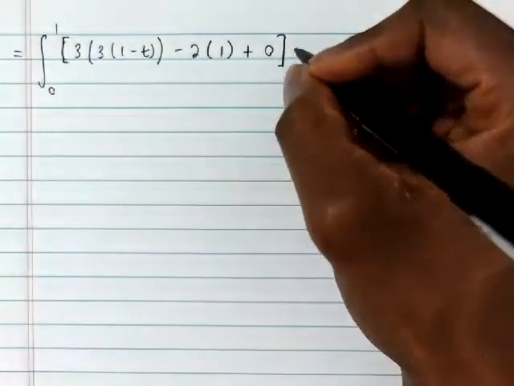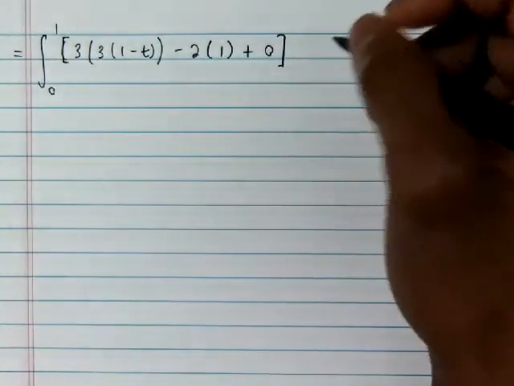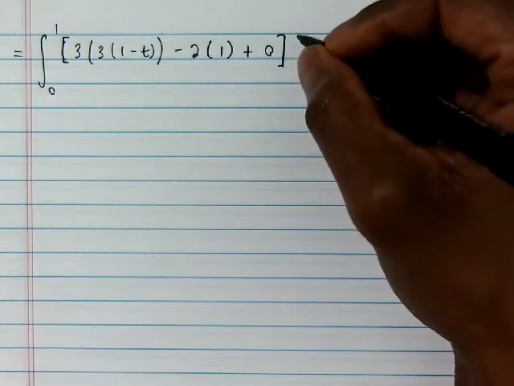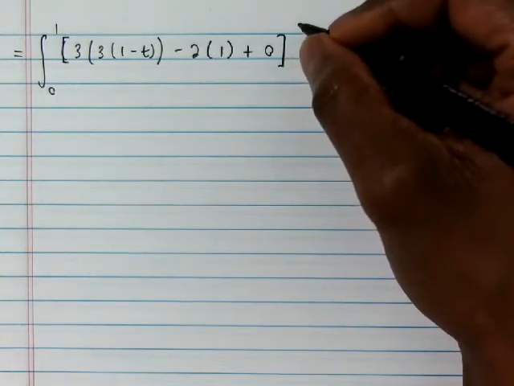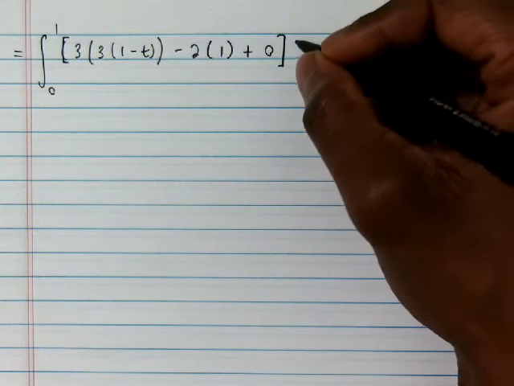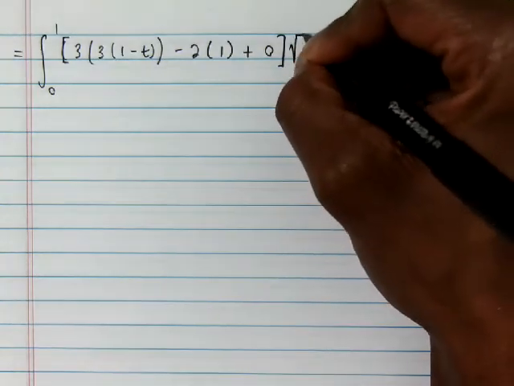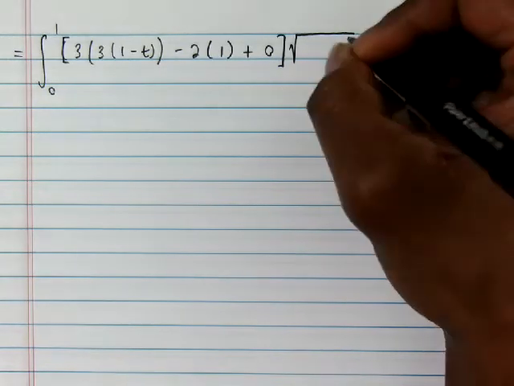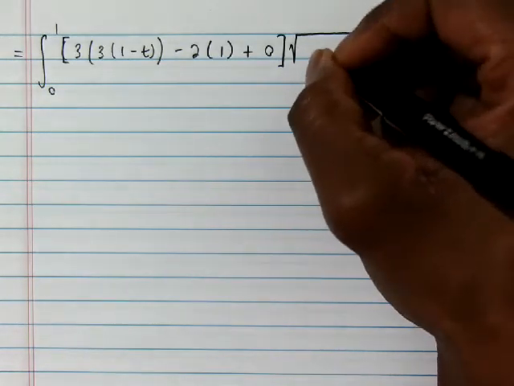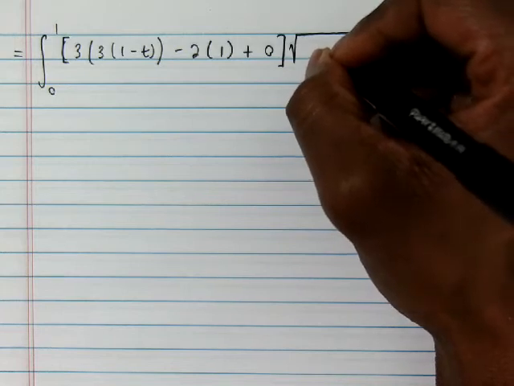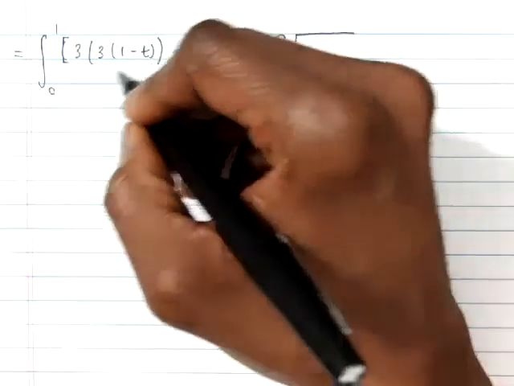Back here it's dt. But I forgot about something entirely. We still have to do the magnitude of r prime of t. So now we need the square root of dx/dt squared plus dy/dt squared plus dz/dt squared. We can see what x, y, and z are right there.